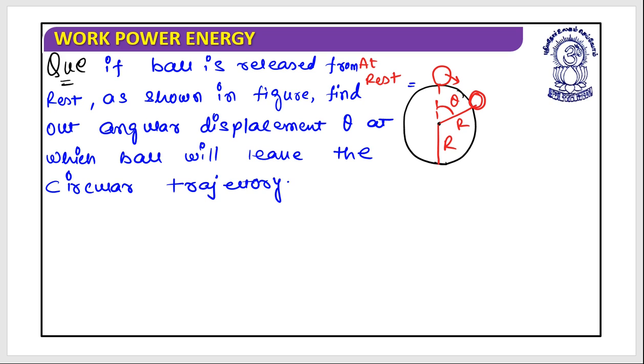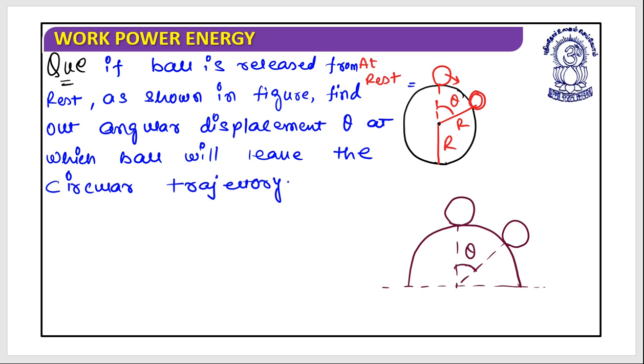Is it clear? So now let's understand what we are supposed to do. Let's draw half of the circle, that probably helps to understand the concept more clearly. Yes, the object was over here, and when it was about to reach here, it is going to leave the trajectory. So this is the angle theta.